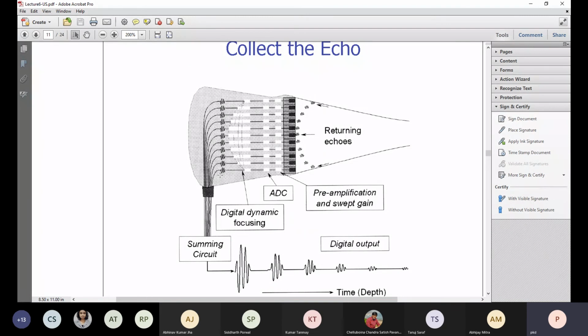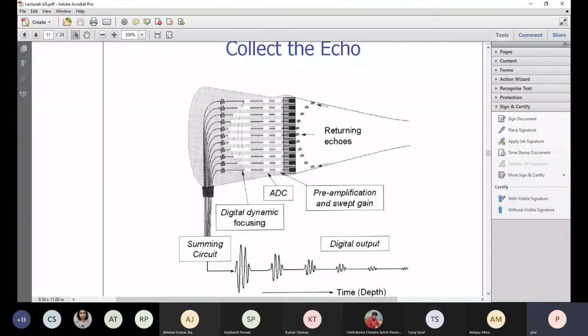Some electronic delay can be created in the circuit to address the same depth at various orientations. Because the delays are different in different directions, some compensation has to be done.